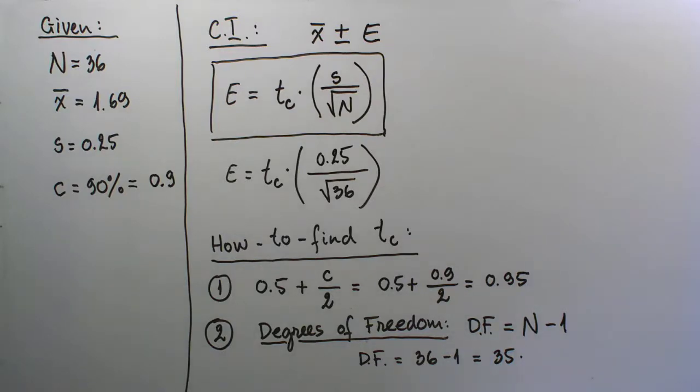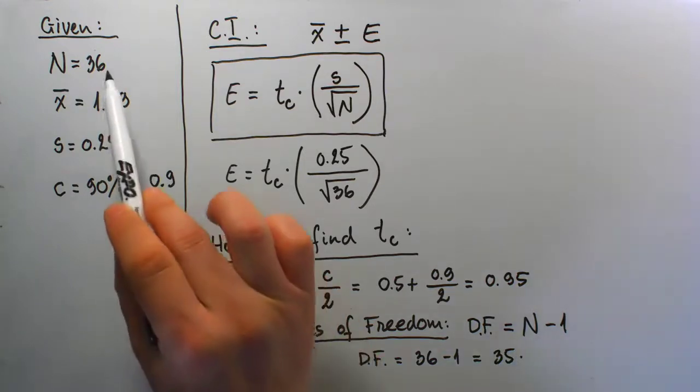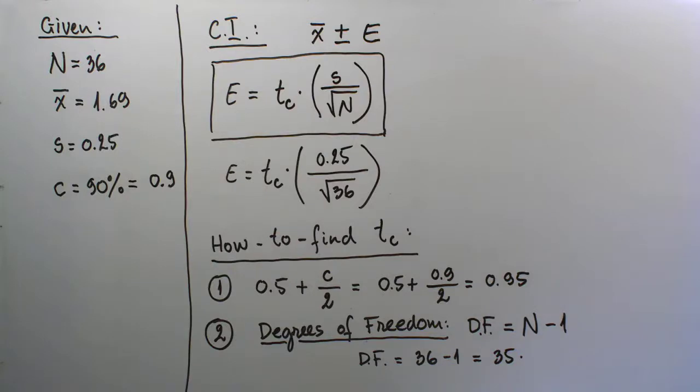So now after having step 1 completed with half confidence level giving 0.95, and step 2 completed by giving us the degrees of freedom for our sample being 35, step 3 is where we're ready to find our final t sub c value.